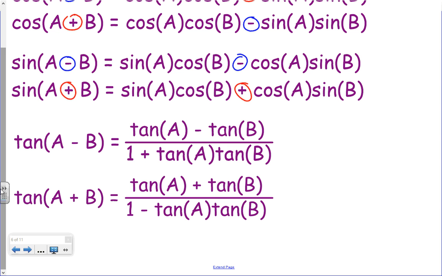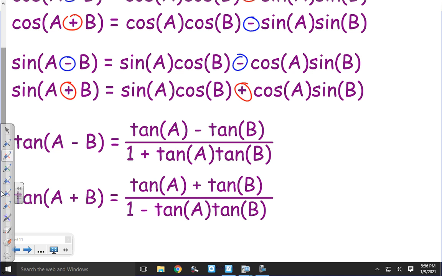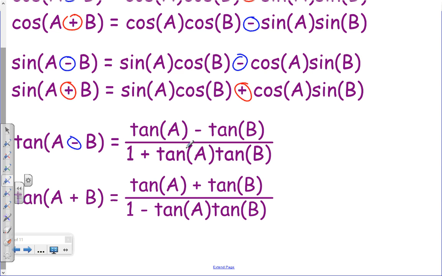But it turns out that the tangent of a minus b is equal to the tangent of a minus the tangent of b. So notice that your signs there stay the same in the numerator, but it's divided by 1 plus the tangent of a times the tangent of b. So the sign changes in the denominator.